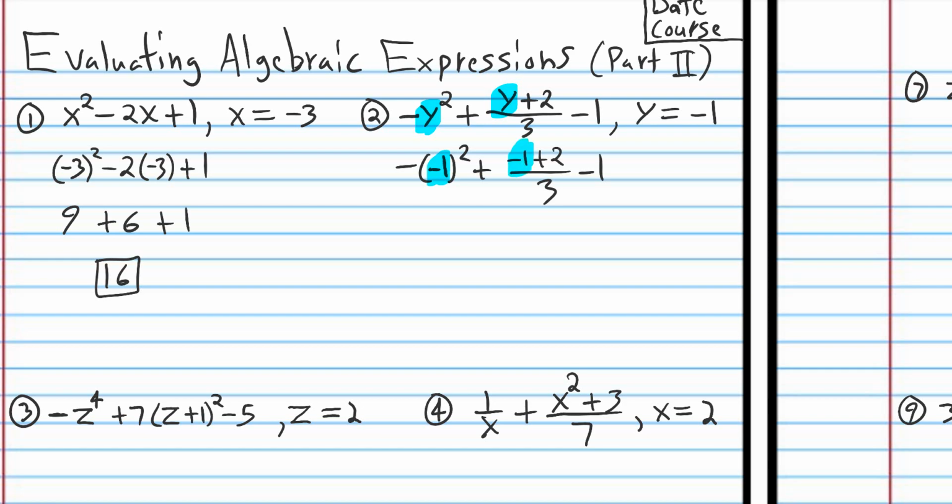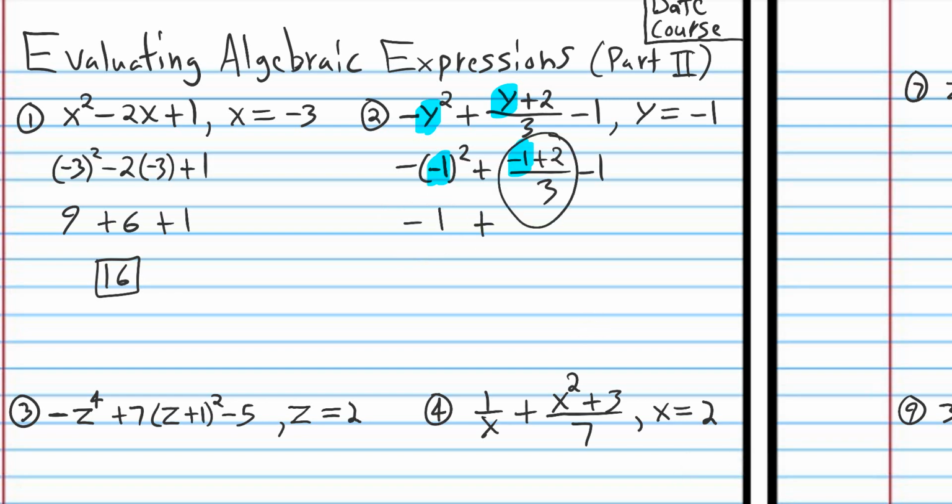So we plugged in negative 1 every time we see a y. And then we're just going to follow order of operations. So we do exponents, so negative 1 to the second power is positive 1. So that ends up being a negative 1.